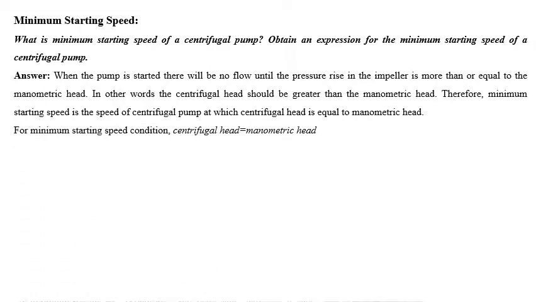For the minimum starting speed condition, the centrifugal head equals the manometric head. This expression is (U2² - U1²)/2g, called the centrifugal head, and it equals the manometric head, given by Hm.